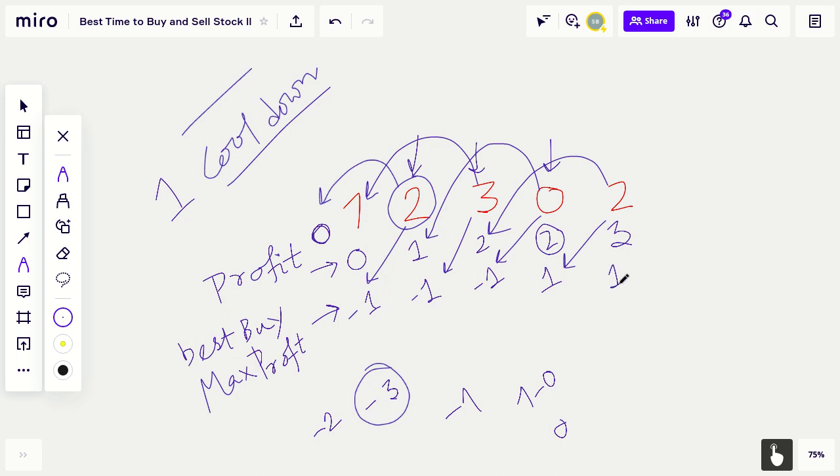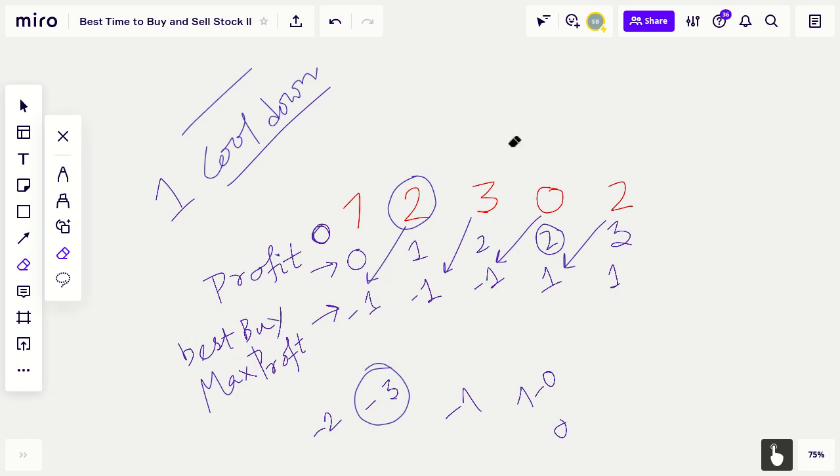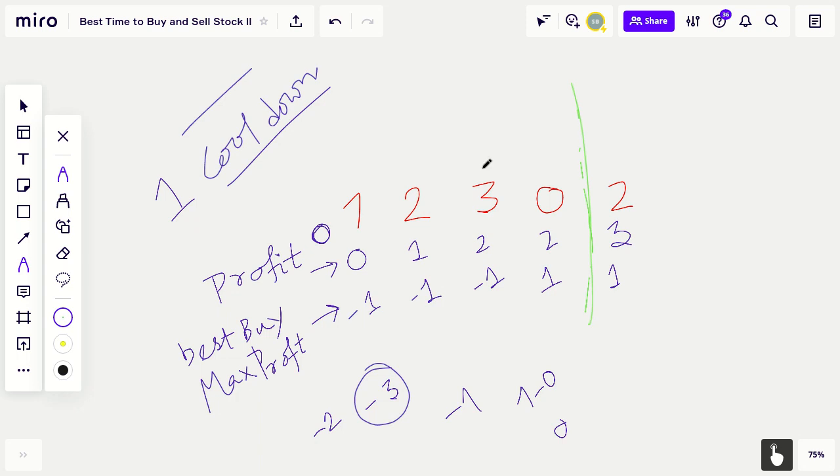So let me break down what actually happened. What happened was really interesting. Why? Because if you can see, let me change the color of the marker. Up to this point, there was no point in missing this selling price. So what you get over here is 2, that is buy here and sell over here.